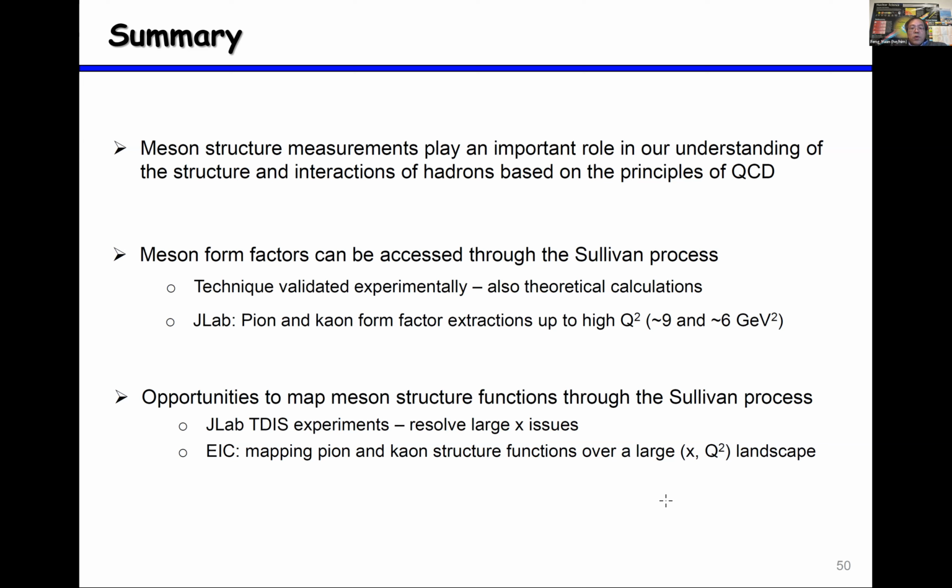Here, of course, the precision required means you really understand the Sullivan process. That means, for example, the finite t correction will not mess up your measurement of the parton distribution. So I hope you can give us some confidence that you do understand the physics in that region at large x, because the cross section is very small, so you have to be able to give an accurate measurement.